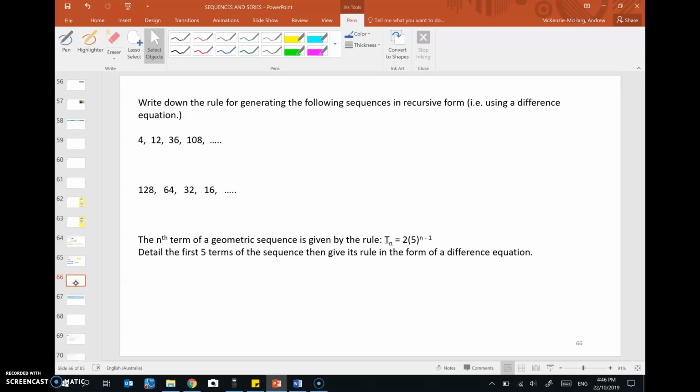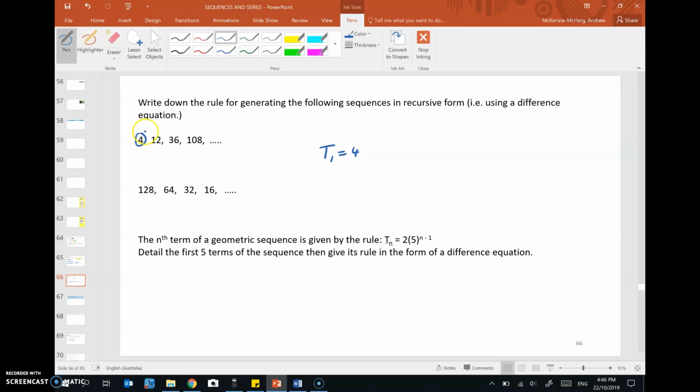Okay, we're going to write down the rule for these sequences. So we're doing the opposite to what we did in the previous page. We've been given a sequence, and we're going to write down the rule from that. Okay, so what's the first term in this sequence? It's 4. So T1 equals 4.